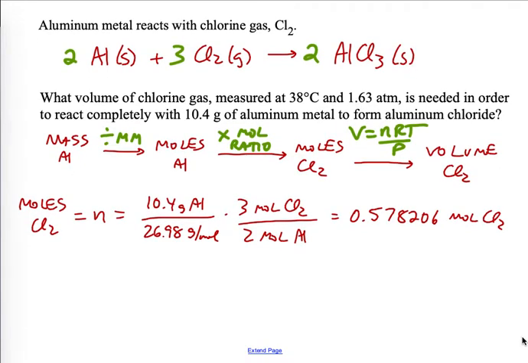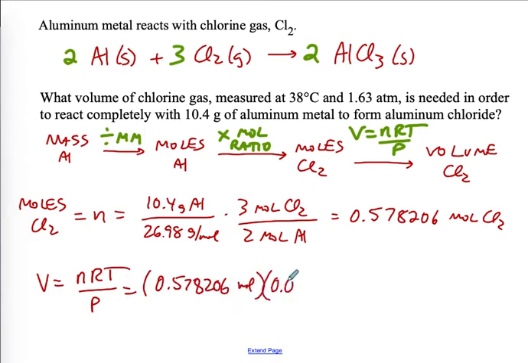And then, in the third step, to convert from moles of chlorine to volume, I'm going to use the rearranged ideal gas law, volume equals nRT over P. I'll plug in the moles of chlorine I just calculated, 0.578206 moles, times the gas constant R, with units of liter atmospheres per mole Kelvin, times the temperature. Oh, temperature was in degrees Celsius.